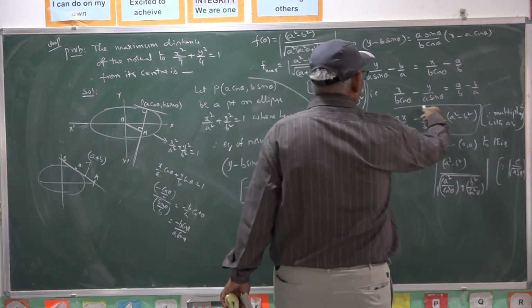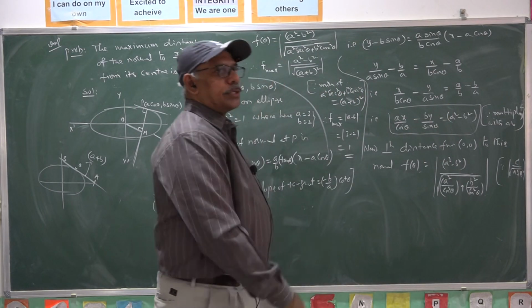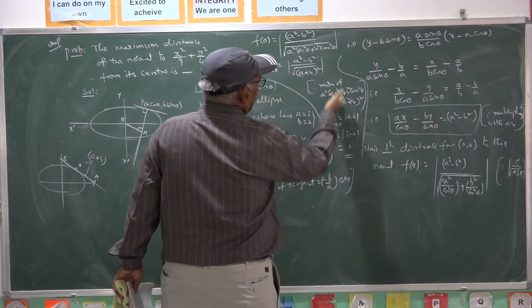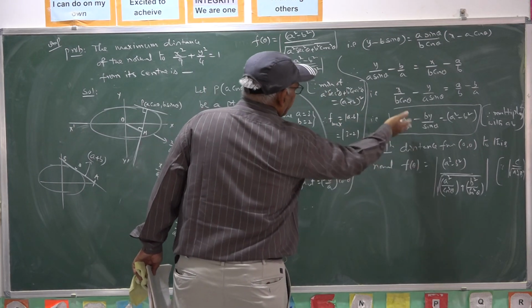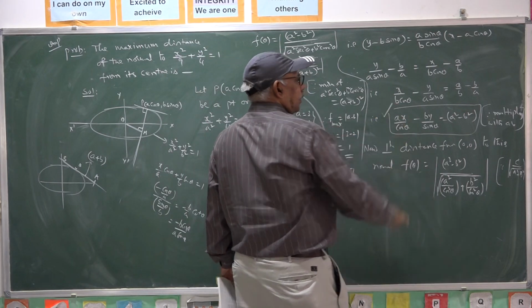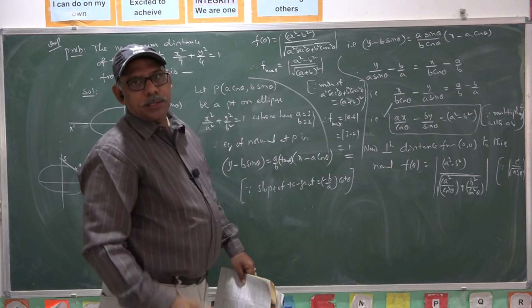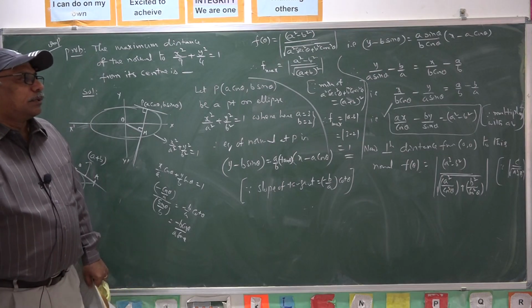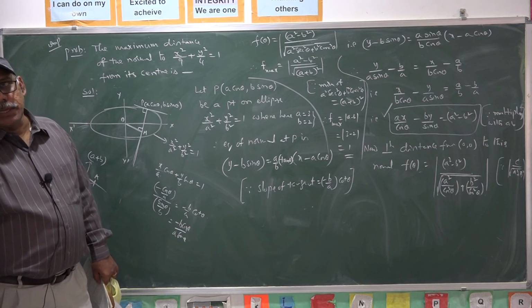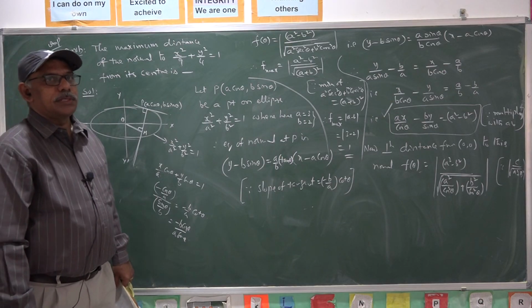Once you are familiar with this normal equation, once you remember it, you get straight away the perpendicular distance, a very simple problem. This is important here. Straight away you can write the normal equation to the ellipse as ax by cos theta minus by by sin theta equal to a square minus b square.